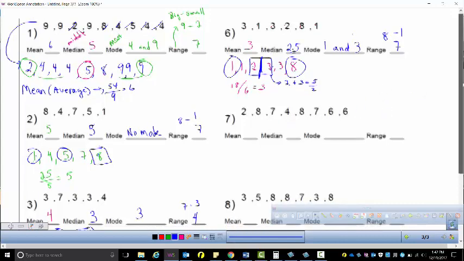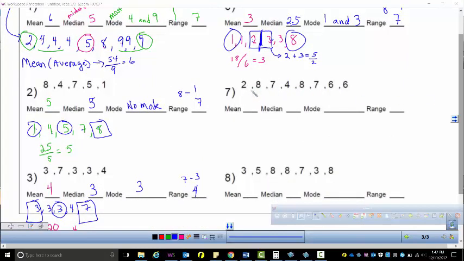Okay, let's try number 7 because this one has 8 terms. So the first thing I have to do is list it in order. So 2, and then 4, and then 6 and 6, 7 and 7, and 8 and 8. So I have them listed.